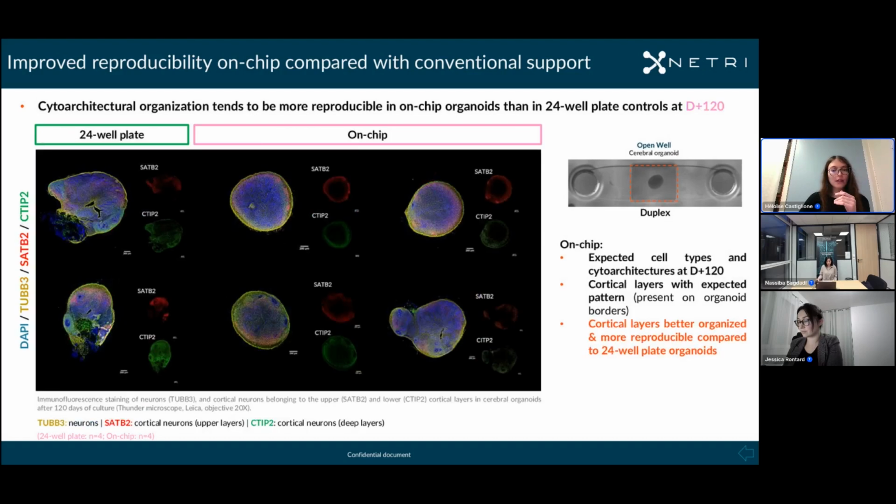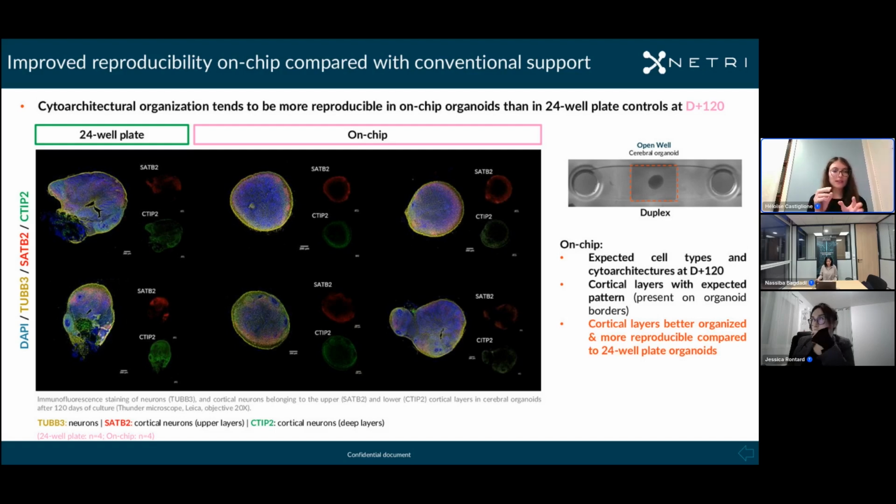And similarly, we also observed this improvement of the cytoarchitectural organization and this gain of reproducibility at a more mature time point of 120 days. So at this time point, we can see that the on-chip organoids display the expected markers, especially with the presence of cortical neurons belonging to the upper and deep cortical layers in red and green.